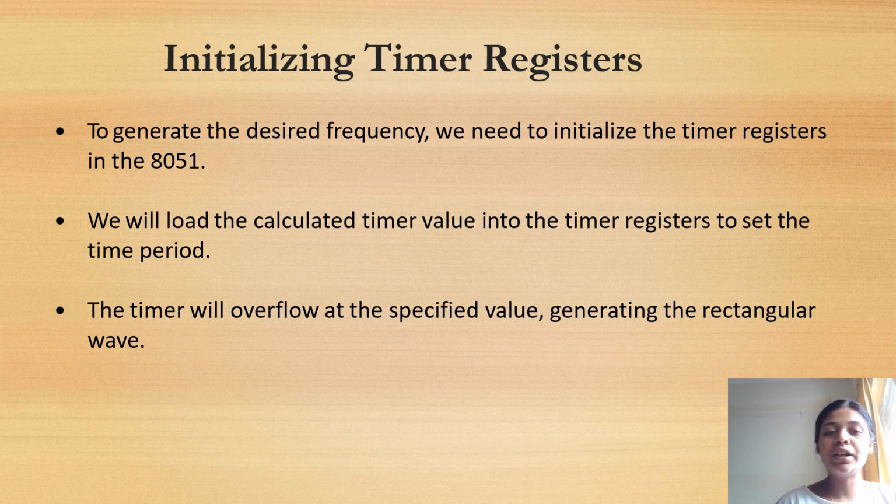Next, we will go through initializing the timer register. To generate the desired frequency, we need to initialize the timer registers in the 8051 microcontroller. We will load the calculated timer value into the timer register to set the time period. The timer will overflow at the specified value, generating the rectangular wave.